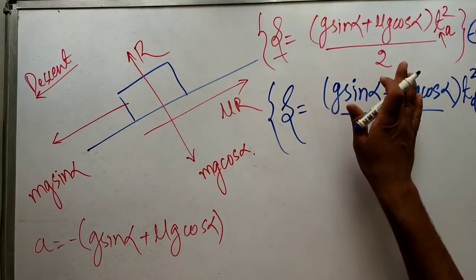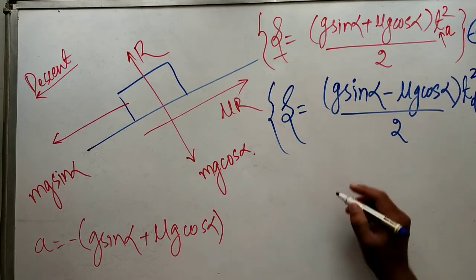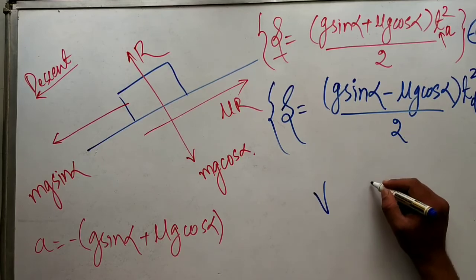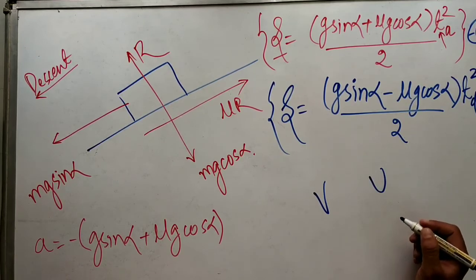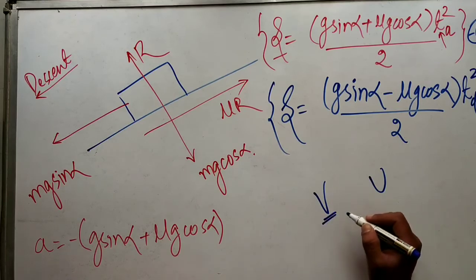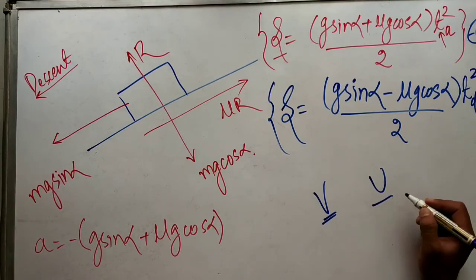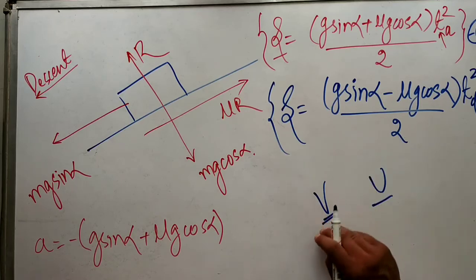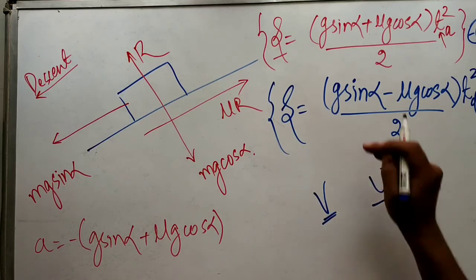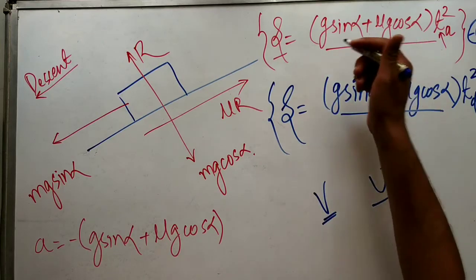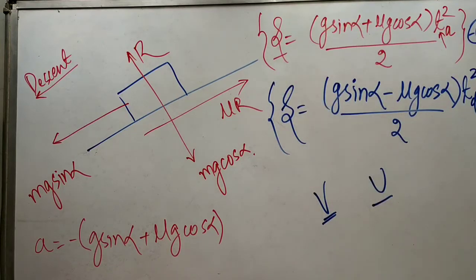Following the same pattern, just keep in mind that the final velocity is not 0 at the time of descent and the initial velocity is 0 at the time of descent. So keeping these things in mind, you can get to the value of s following the same pattern I did for s equals to this much.